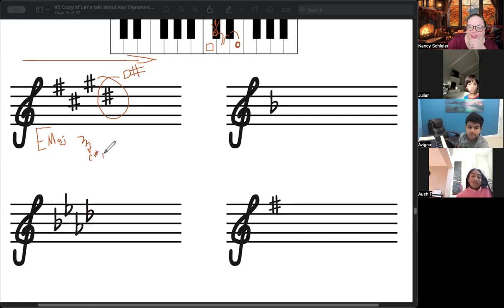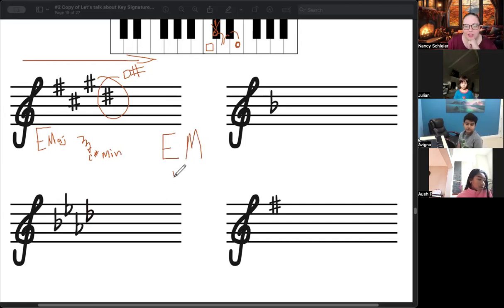Very good. Sometimes you'll even see if they are writing this, you'll see this, and that means E major, and this would mean C sharp minor. So sometimes they'll write a big M to mean major, and sometimes they'll write a little m to mean minor.